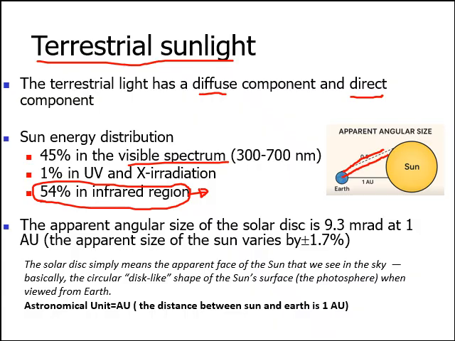If you convert it to degree, it will be 0.5 degree at 1 astronomical unit. Okay, so this apparent size of the sun will vary by plus minus 1.7% because of the location of the earth's orbit around the sun. So we know that the orbit is elliptical, so sometimes the earth will be near to the sun, sometimes the earth will be further away from the sun.